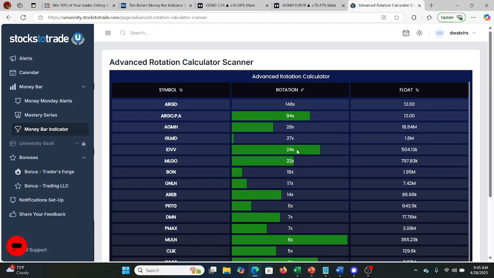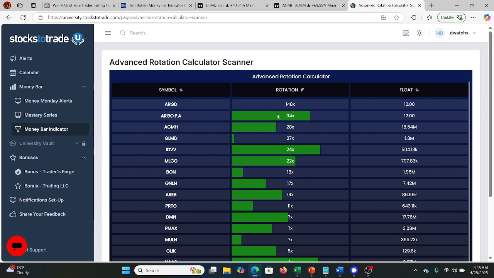So one thing I look for is a money bar that's starting to go up rapidly and try and jump on a stock before it takes off. That's the hard part. So I usually use another indicator in conjunction with the money bar. I treat this like a scanner or a watch list more so than an indicator.